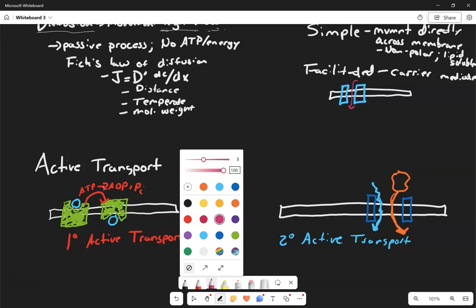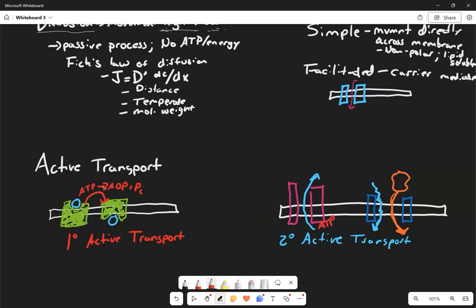But in order for this to happen, there has to be a mechanism that keeps the energy gradient for sodium high. So over here, there will be sodium that is pumped out of the cell, and this pumping of this sodium out of the cell requires the input and hydrolysis of ATP into ADP and inorganic phosphate, right?